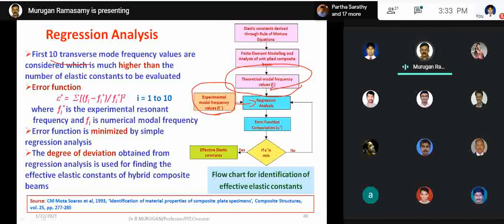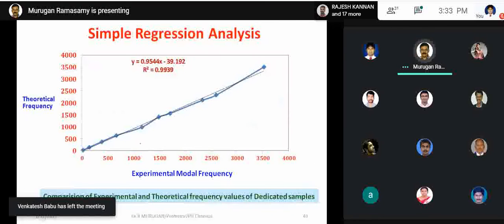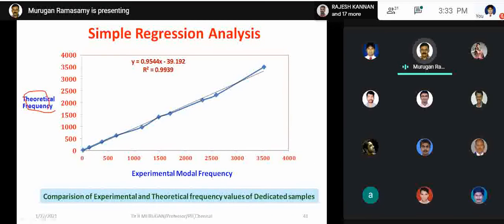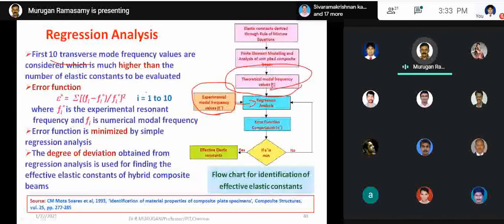We did it using Microsoft Excel. So if you do the regression analysis, the plot will be like this. You can compare the theoretical frequency and the experimental modal frequency, and using this, the degree of deviation will come like this. This R square value actually. This deviation is used to adjust the 9 elastic constants which are used in ANSYS.